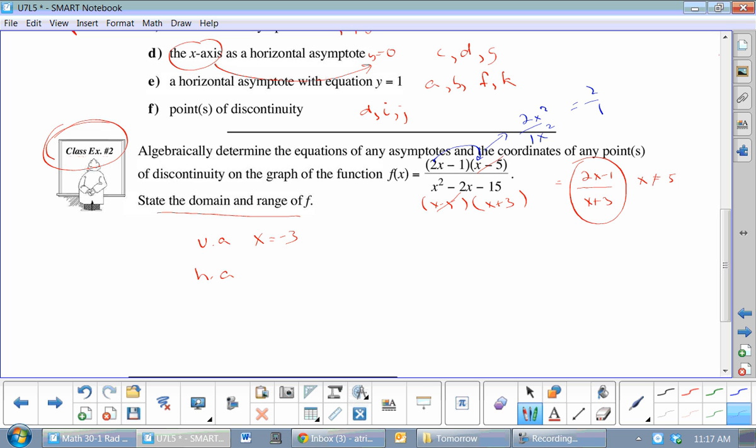So you know, it being all factored, that's not awesome for horizontal asymptotes. You'd like it all multiplied together so I could find the x squared. So factoring is not a good help to find horizontal asymptotes. You have to multiply it all together to find out x squared, what number's in front.